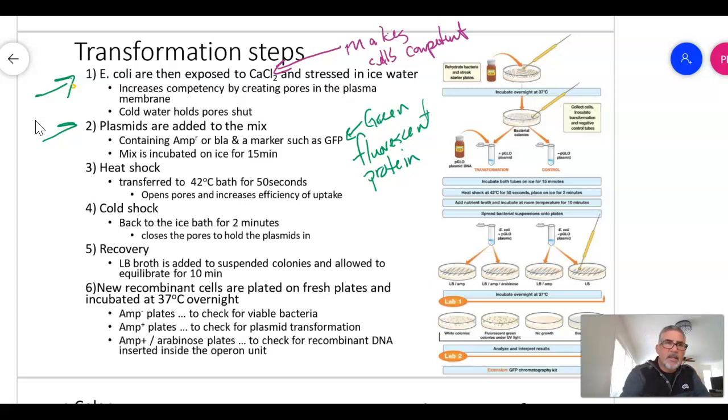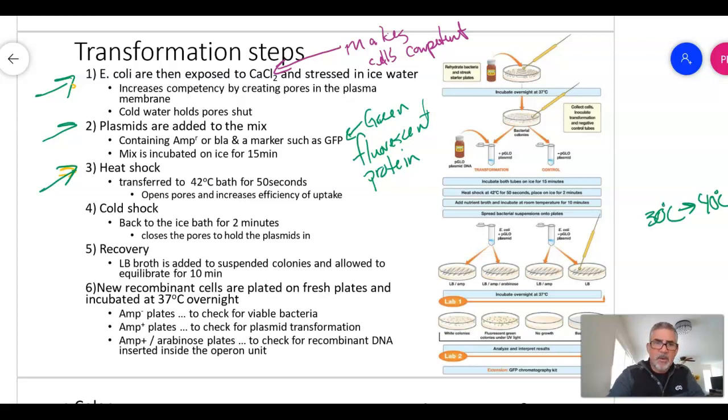Then I'm going to take it and I'm going to heat shock it. So now I want the heat shock, I'm going to put it at 42 degrees Celsius for 50 seconds. Now, the temperature range for E. coli is 30 Celsius up to about 40 Celsius, right?